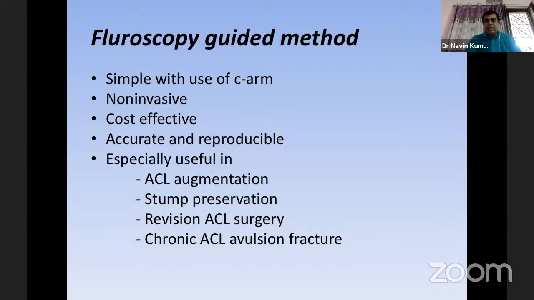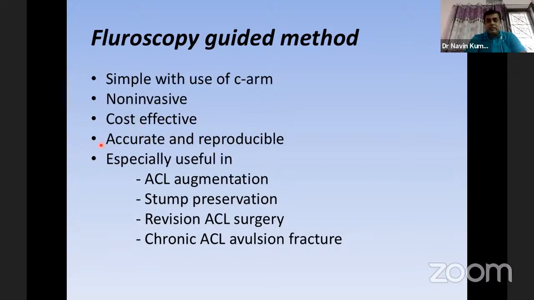Fluoroscopy guidance, personally I don't have any experience of using the C-arm during surgery. But it is simple to use, non-invasive, and cost effective, because almost all sports surgeons, as orthopedic surgeons, have a C-arm inside the OT. So you can use that method in just 5 to 10 minutes, and it is accurate and reproducible.